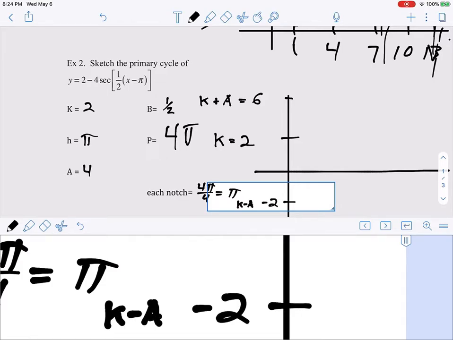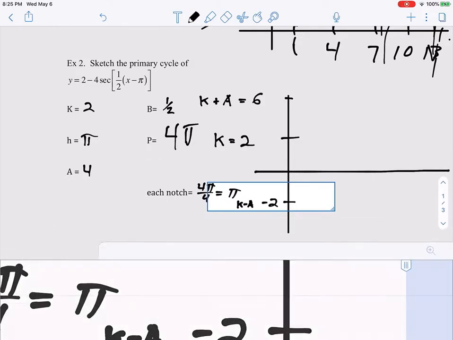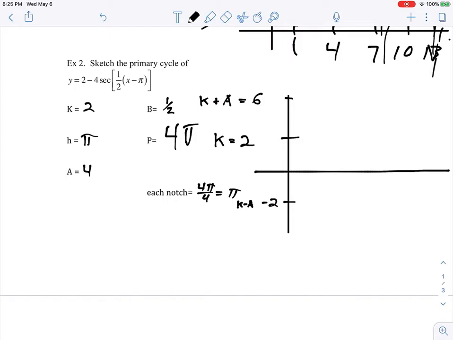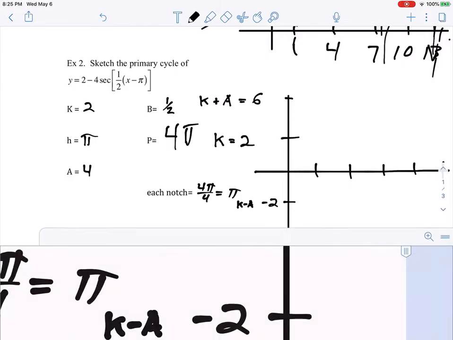All right? Okay, so we've set up our y. Now we set up our x. We're starting at pi. We'll just call it, bang, right there. That's h. Okay, and then 1, 2, 3, 4. Okay, so that is going to be pi. I want to get this in there.